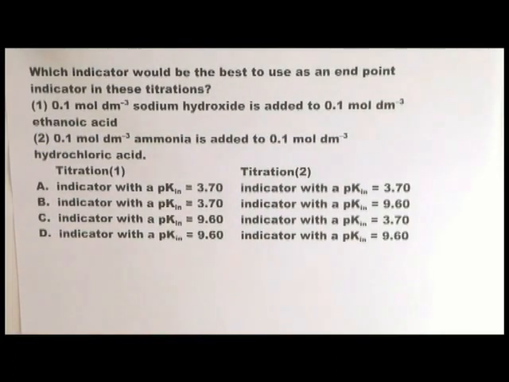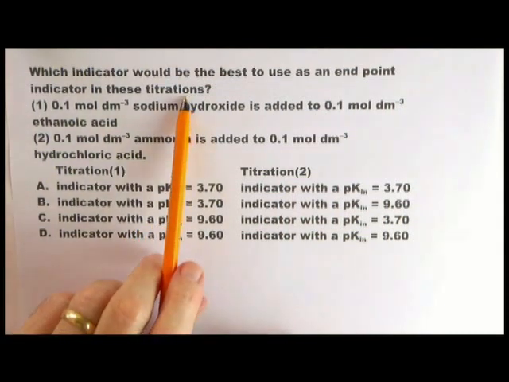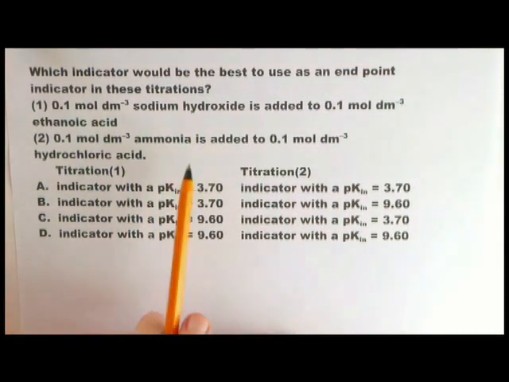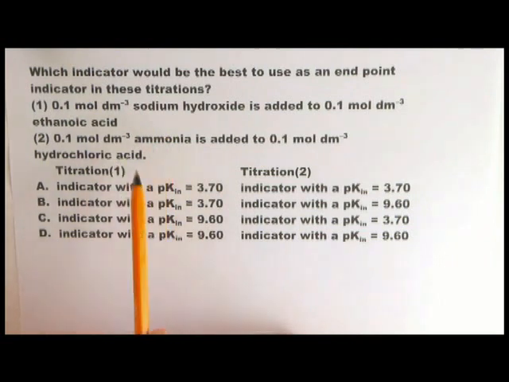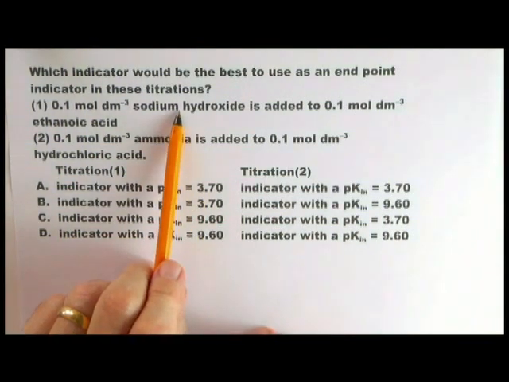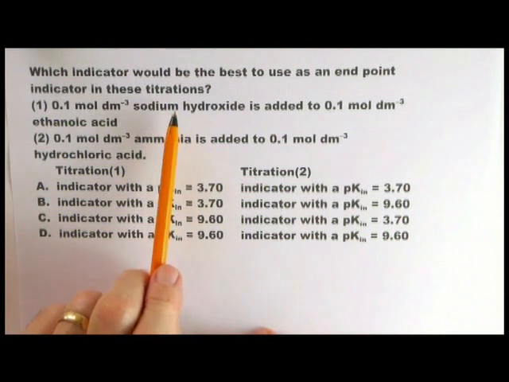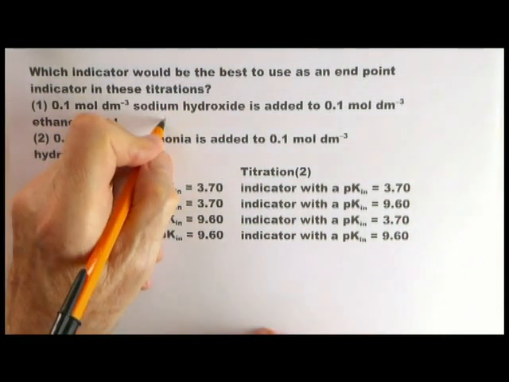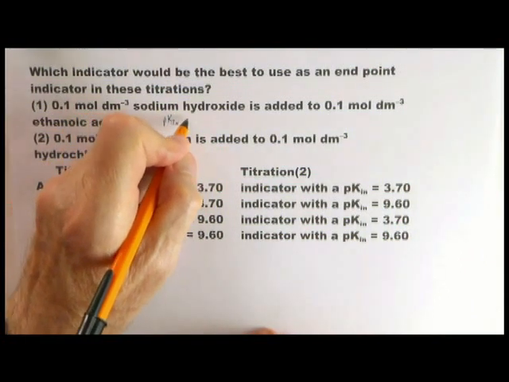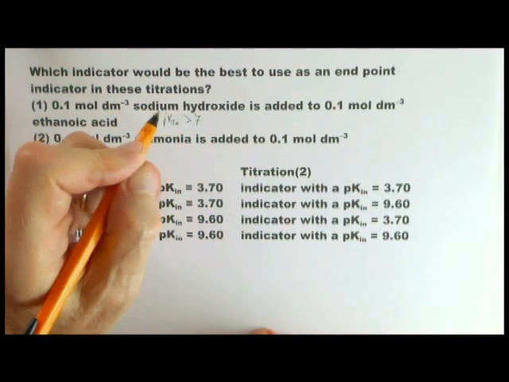So we've got two titrations here we're looking at. One is a strong base and a weak acid. The other one is a weak base and a strong acid. So the question is, which indicator would be best? For the strong base, we want an indicator which has a high pKin, greater than 7.